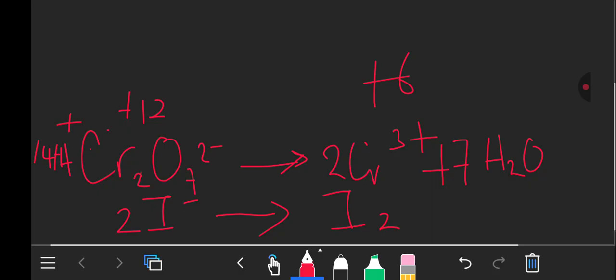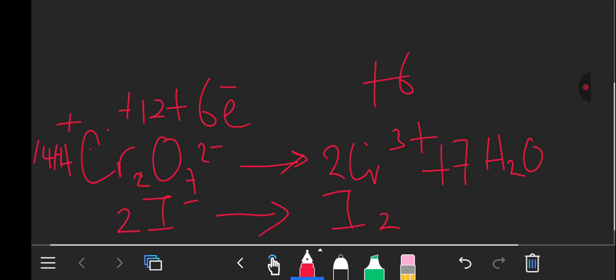You see, electrons are negatively charged, so when you are adding electrons, you are simply subtracting charge. So you add 6 electrons to the side which has plus 12, so that you get plus 6. In this case, we'll be able to balance this reaction now.